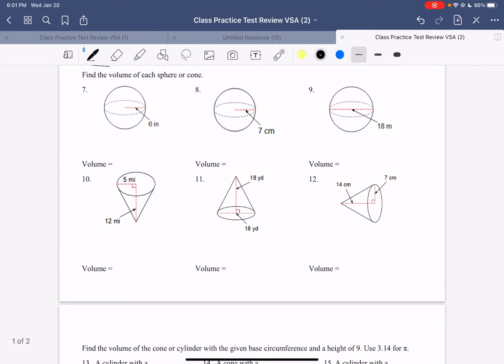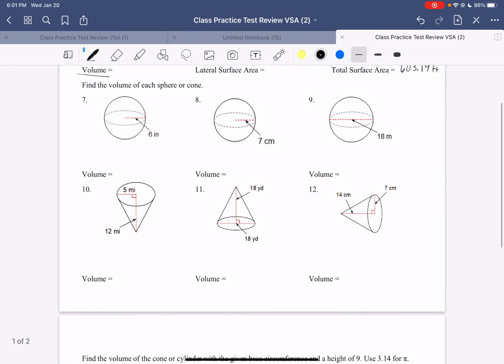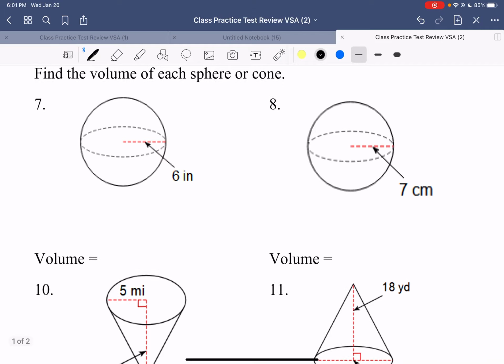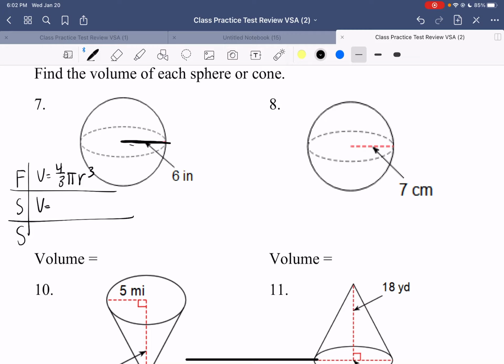All right, so we're looking for the volume of each cone or sphere. So for the volume of a sphere, we have 4/3 pi radius cubed. So we need the radius, which is given to us here.